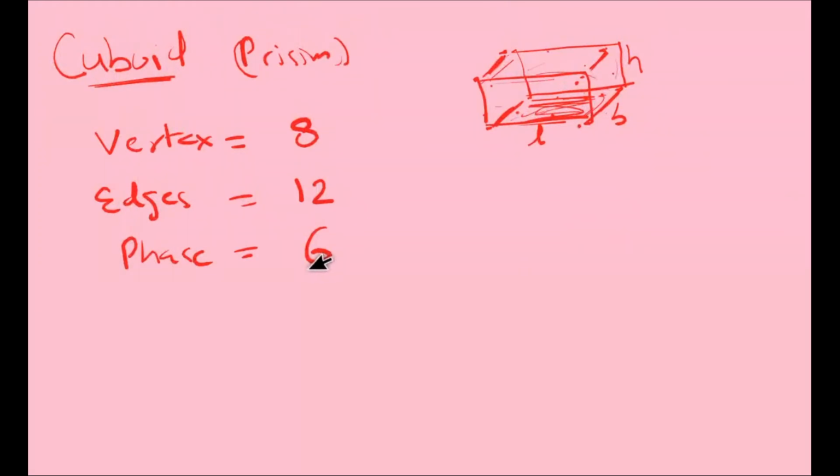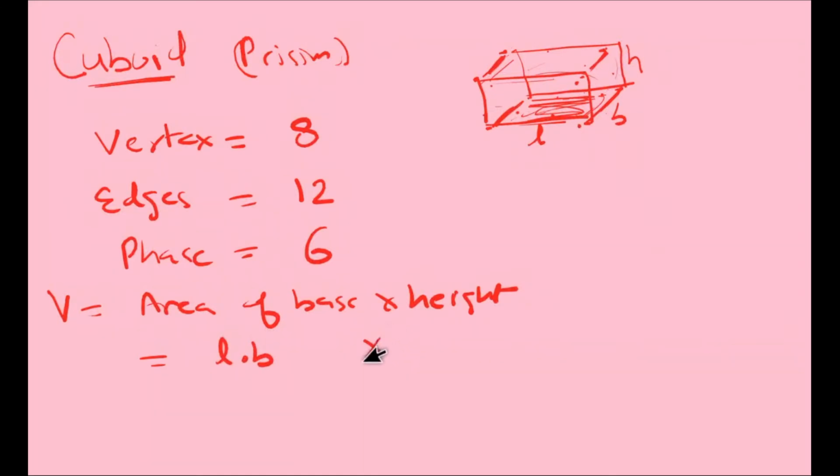Okay. Now I will ask about the volume. As you know, in the previous board, the volume is area of base into height. So what is the area of base? Area of rectangle into height.